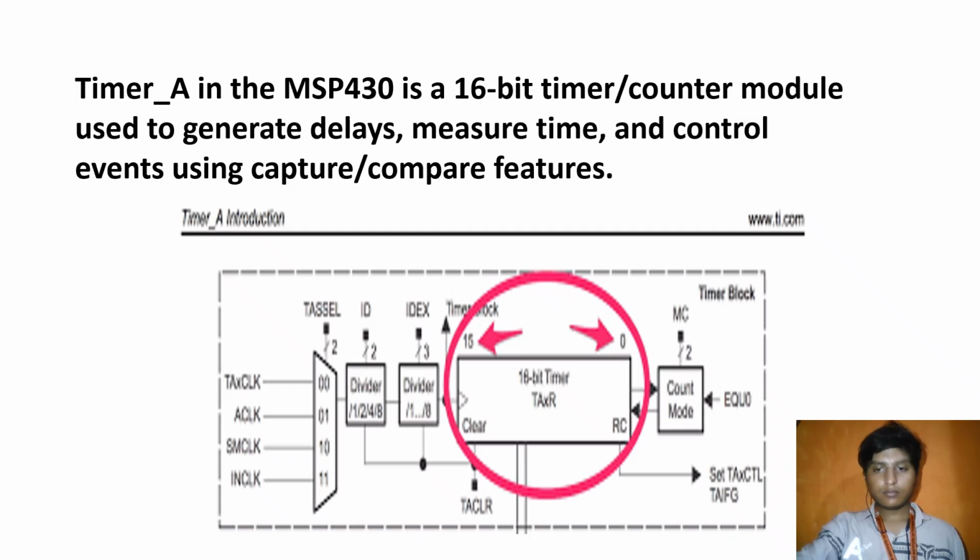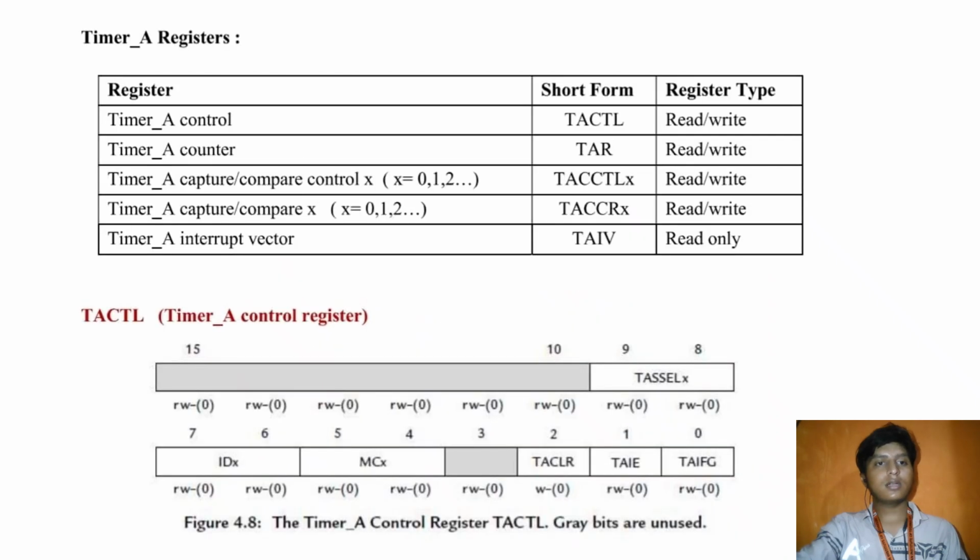This is the information about timer A, and these are the register names in timer A. We have five types of registers: timer A control, timer A counter, capture compare, capture compare x, and timer A interrupt vector. We can easily pronounce the shortlist, and TA-type words we can use.